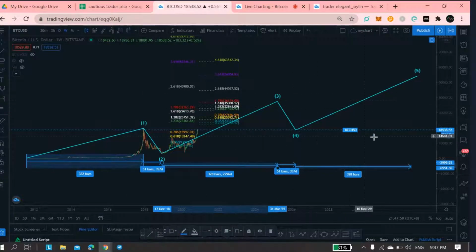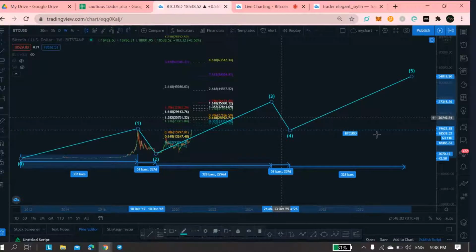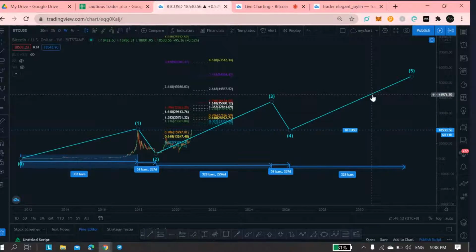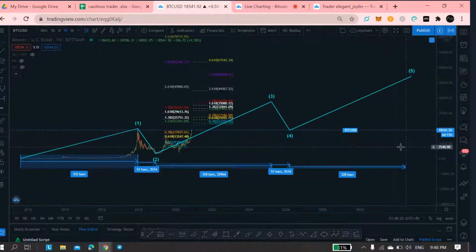That's just my estimate. And then wave 4 until March 2026, and this wave 5. Can you still look at it? I think we cannot see it.